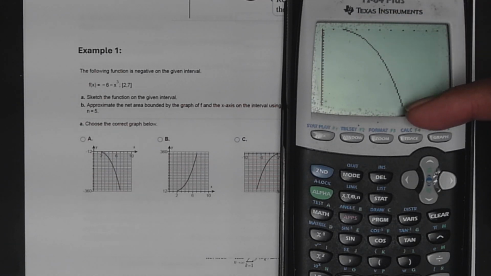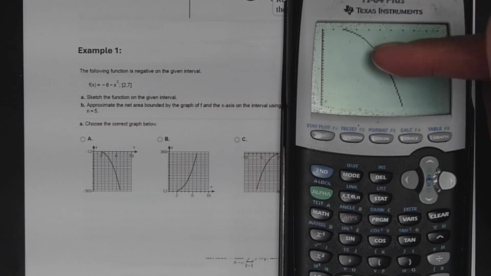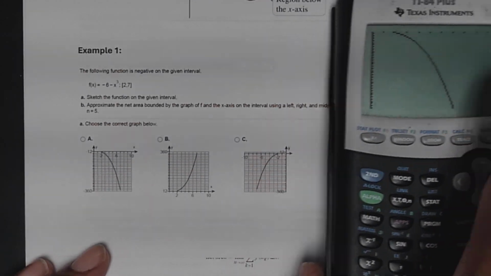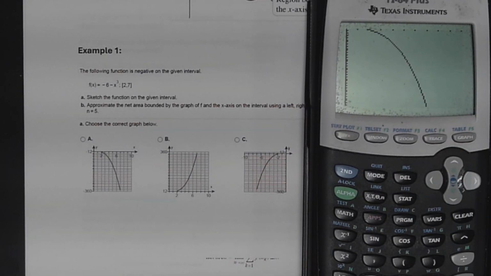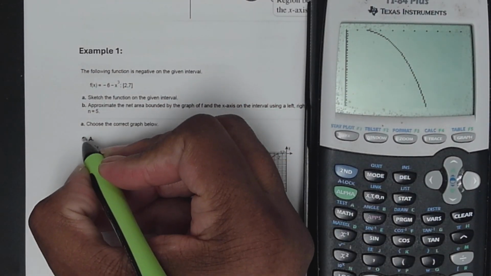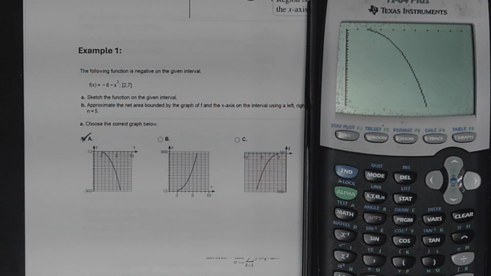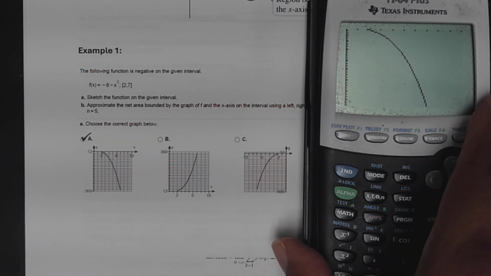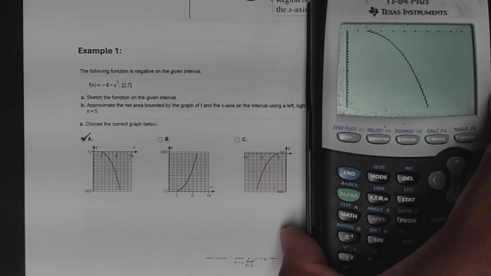On that interval, with this selected window, it's going downwards. So if you look at the choice of graphs, it's obvious it will have to be answer A. So A would be the correct graph to choose. Okay, so that's part A.